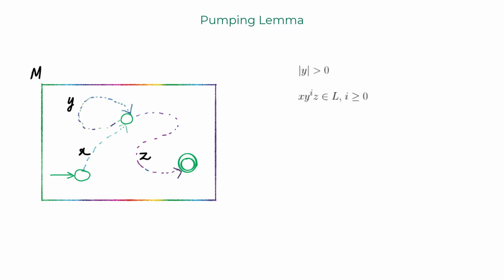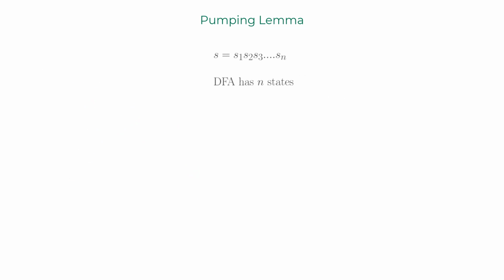With this, we covered two properties of the pumping lemma. Moving on to the third property, which lets us pinpoint the pump in any DFA that accepts strings that are really large, larger than the number of states the DFA has.